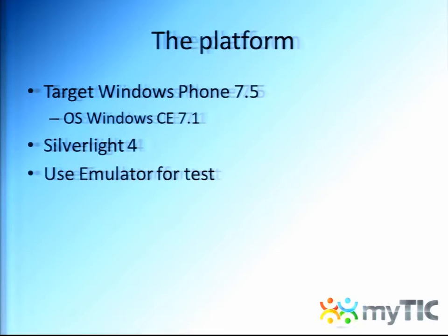One other thing will be the emulator. So during the first development steps, I never try out my application or debug directly onto my real device. It takes longer to deploy the application. I need to have my device somewhere on my desk. And so I use the emulator directly. Just a little question, who already develops applications on the Windows Phone?